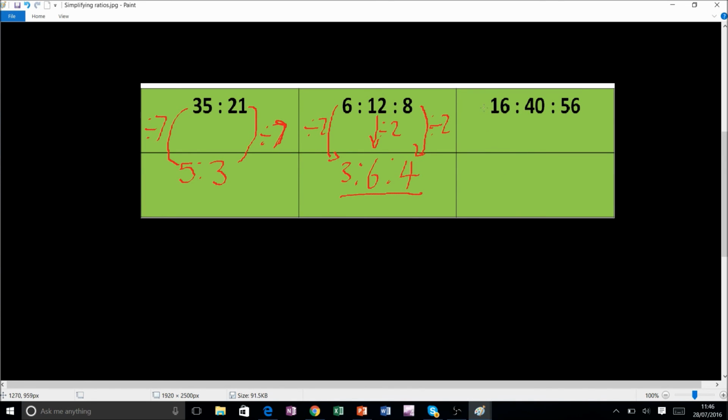Now, last one here, 16, 40 and 56. What number goes into all of them? The highest common factor is indeed 8.